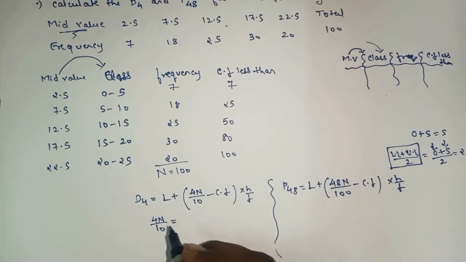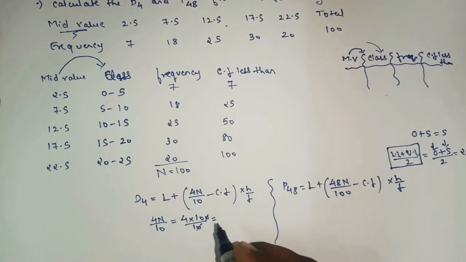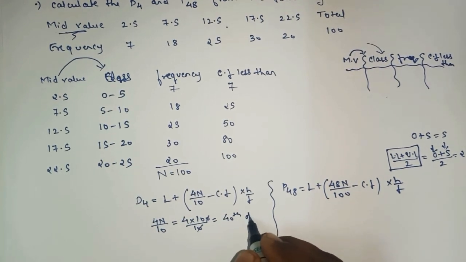So 4 into 100 upon 10, this will be the 40th observation.